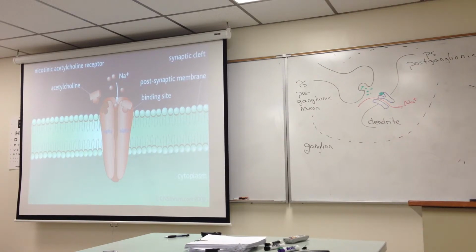All right? So this is our parasympathetic postganglionic neuron. The acetylcholine molecule is still the same, but our receptor is different. So this is cardiac or smooth muscle, or a gland.